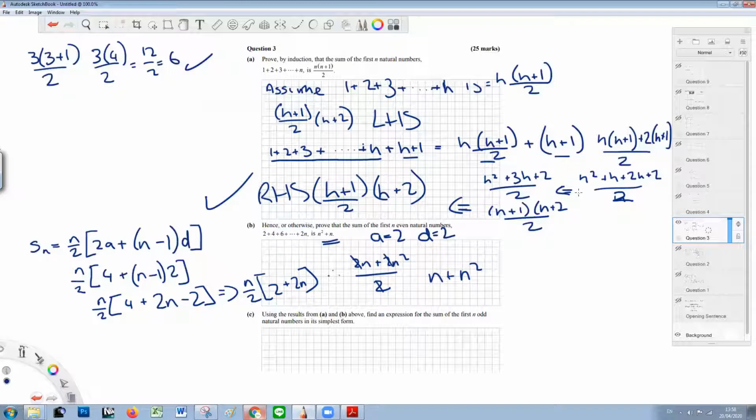You can probably do it based on this equation also, but I've chosen to use a far simpler method because I knew that this was an arithmetic sequence, and I subbed in the values accordingly. So, using the results from A and B above, find the expression for the sum of the first n odd natural numbers in its simplest form.